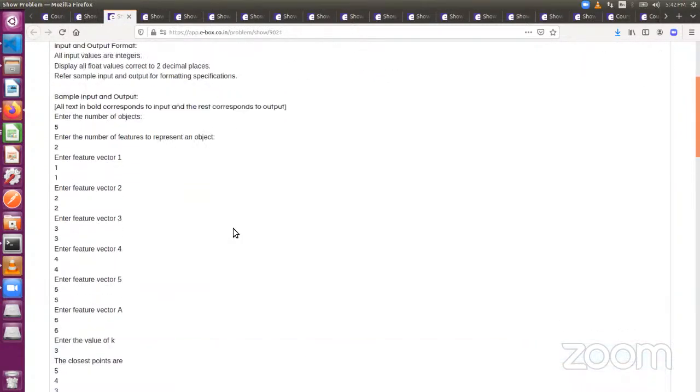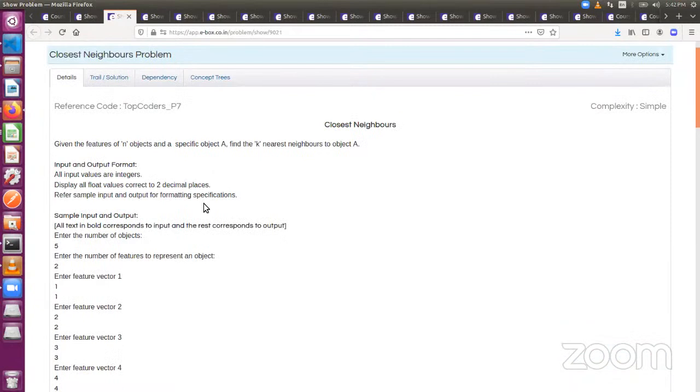Now, you have found the distance matrix, right? After finding the distance matrix, you're going to find the nearest neighbors. So let us read the problem. Given the features of n objects, which is nothing but the coordinates of n objects, and a specific object A, find k nearest neighbors to object A. So they are mentioning the point for which you want to find the neighbors.